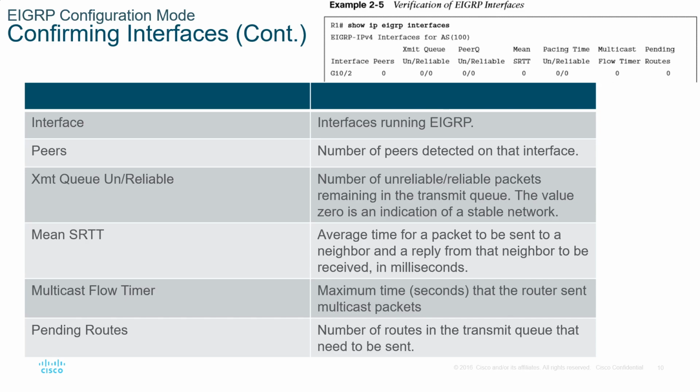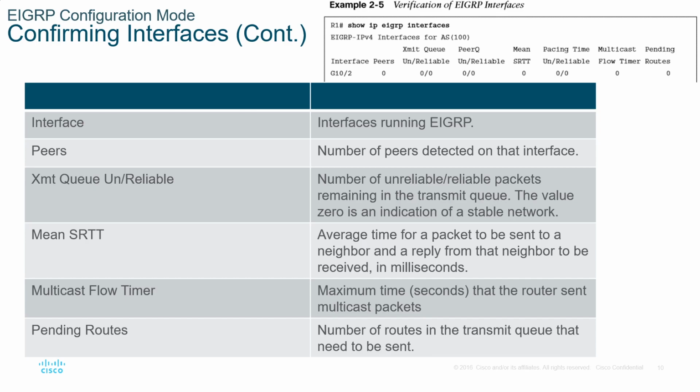So looking back at our show command, the interface section tells us which interface this information is concerning. The peer is the number of detected peers on this interface.